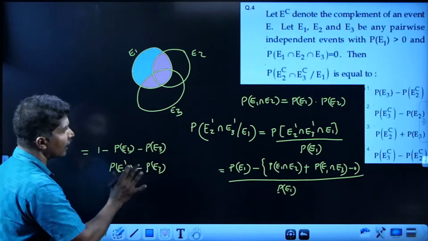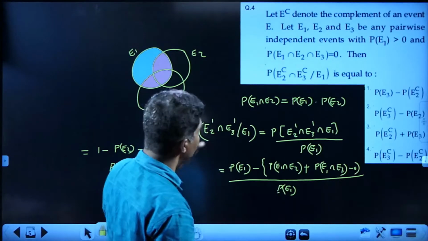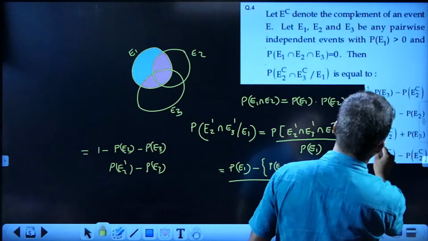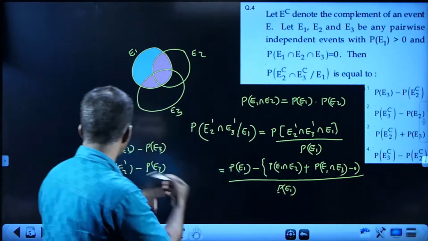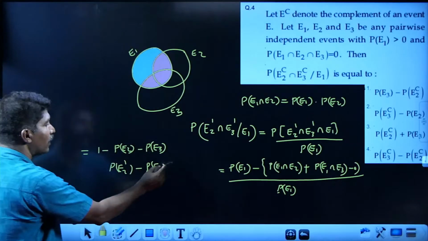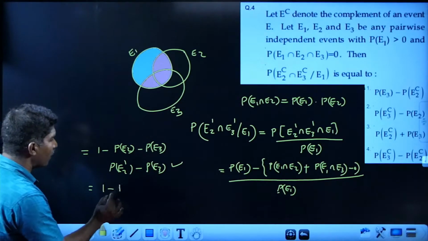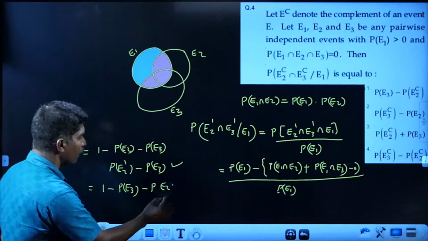Is there any answer like that? Probability of E2 dash minus probability of E3. Of course, this is an answer. But no option like that. So we will think about another possibility. We will just rearrange this one. This is of course an answer, but there is no option. So I will write it as this equal to 1 minus probability of E3 minus probability of E2. So what is it?